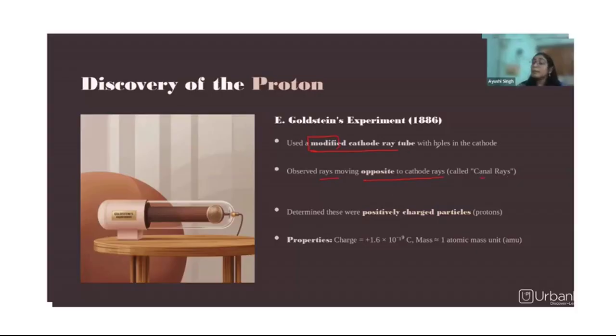There were some rays moving towards the anode, and some of it moving towards the cathode. Now, these rays were called canal rays, and later they ended up becoming the protons. Because the proton will move towards the negative charge, because it is positively charged.